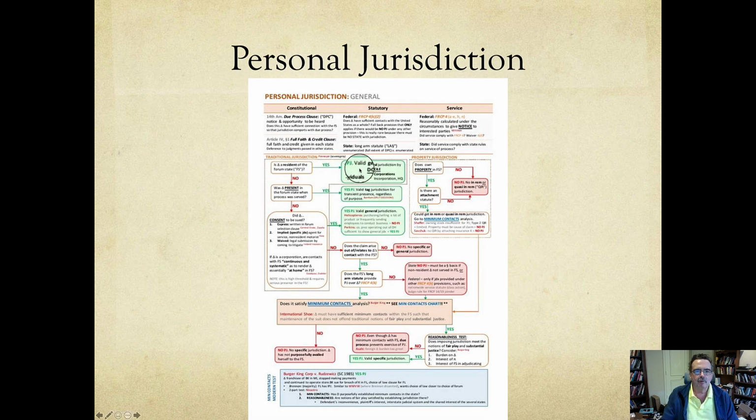This is more of a control flow chart, where you've got yes and no branches, and you go through this system based on control flow, based on whether something is determined to be no or yes. You can look at this in great detail at your leisure, but again, I think this would fit within CMS as a potential modeling technique to describe the area of personal jurisdiction.